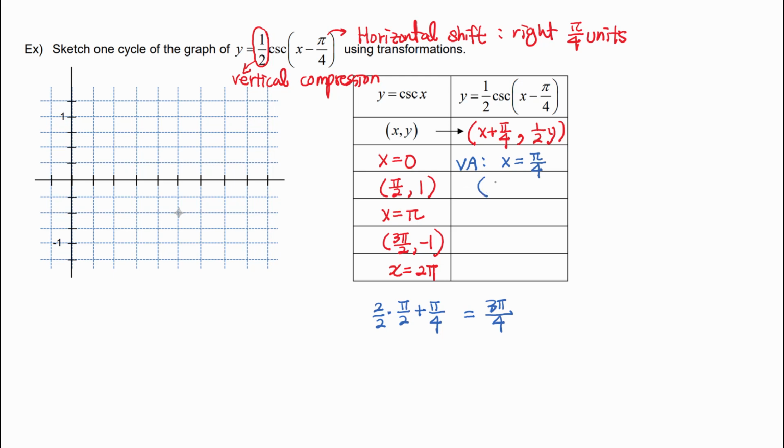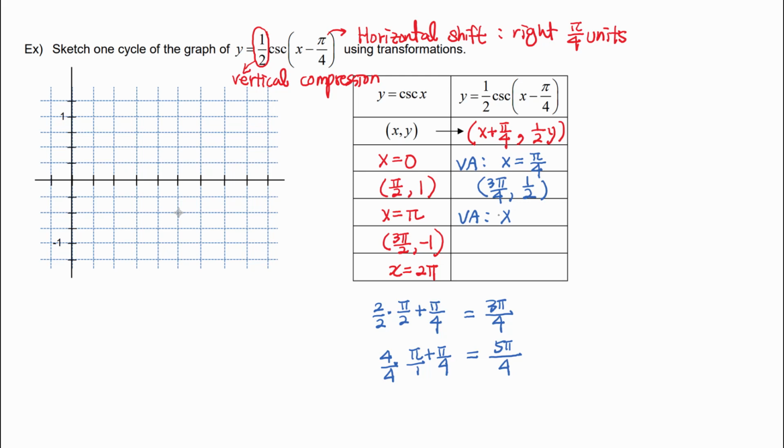So this point will go to 3 pi over 4, comma, 1 times half is half. Now x equals pi plus pi over 4, since pi is pi over 1, you multiply 4 over 4. So now you have 5 pi over 4.